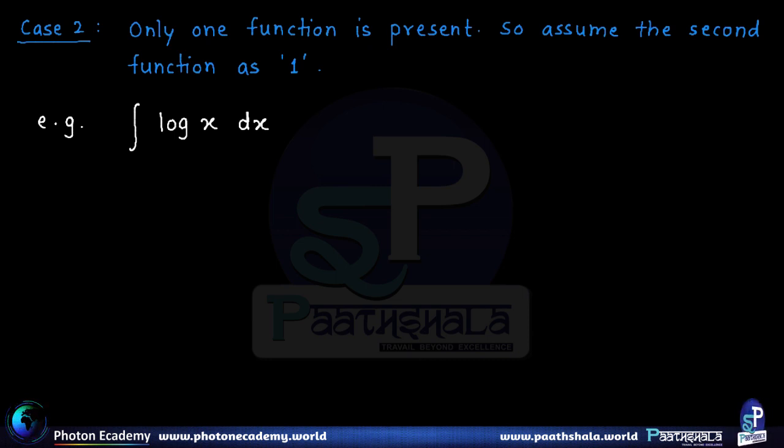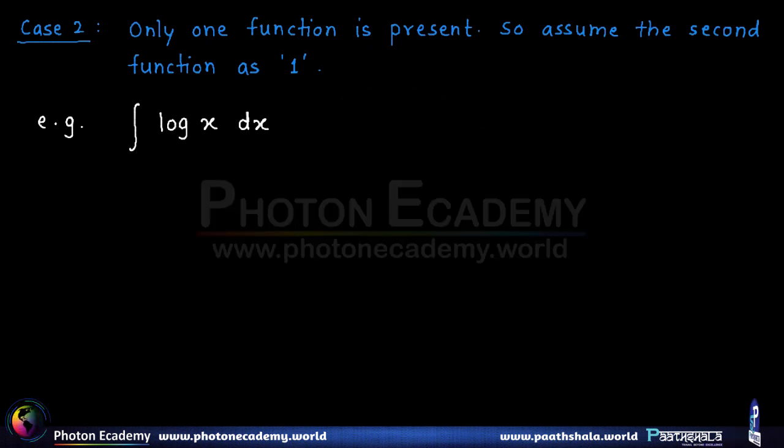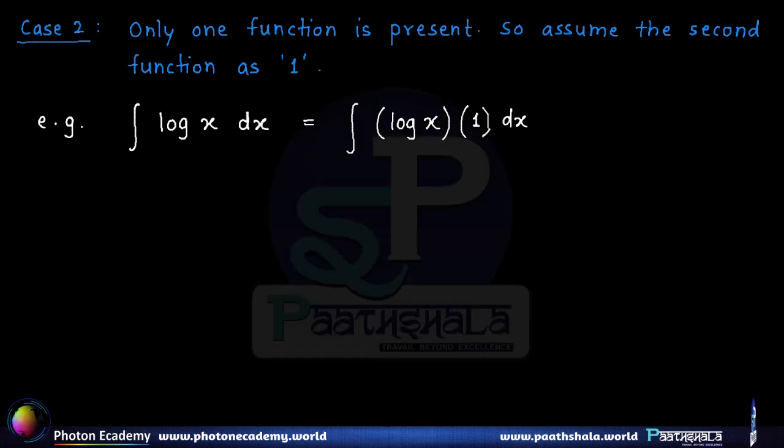So this is one example: suppose we have to integrate log x. Since the second function is not visible, we assume the second function as specifically 1, right? Because it will help us simplify the integral. So log x must be the first function u and 1 must be the second function v, because log x is a logarithmic function and 1 is an algebraic function, and in the LIATE rule L comes first.